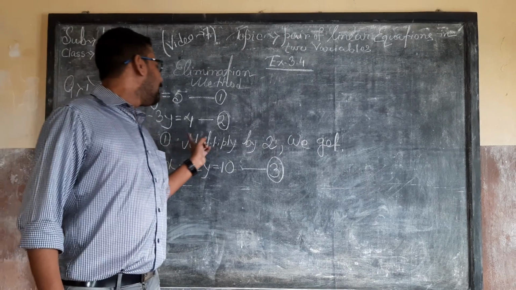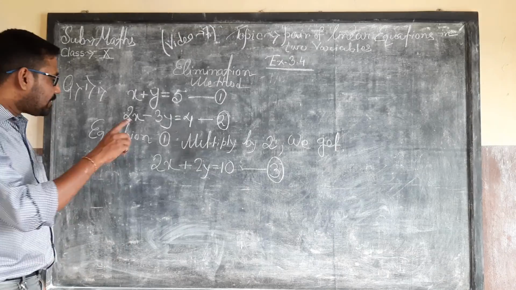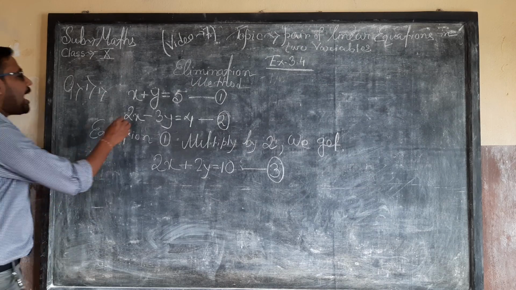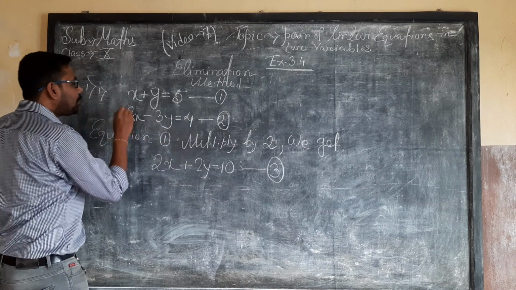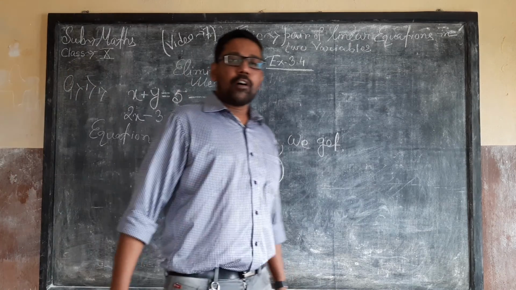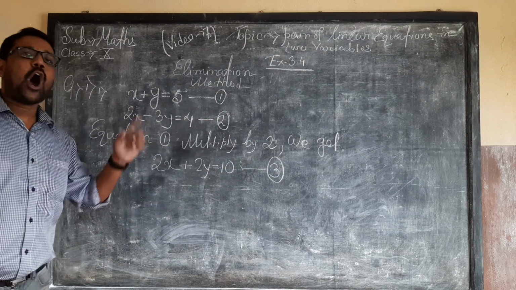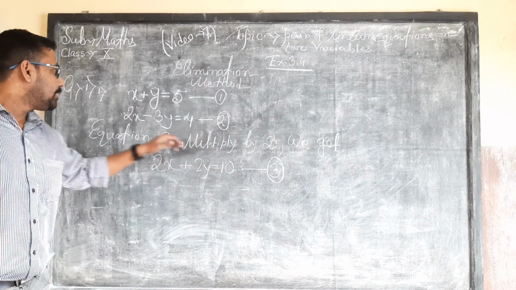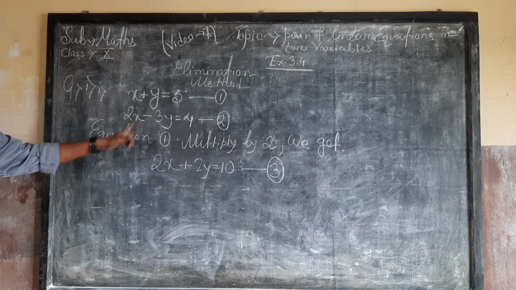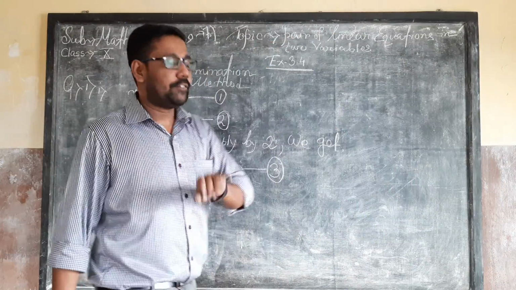Equation 1 multiplied by 2 gives this linear equation, and this time the coefficient of x is 2 in this equation, and in the second one the coefficient of x is also 2, both equal. After that, we perform either addition or subtraction between these two equations to eliminate this 2x term and convert them into a linear equation in one variable.